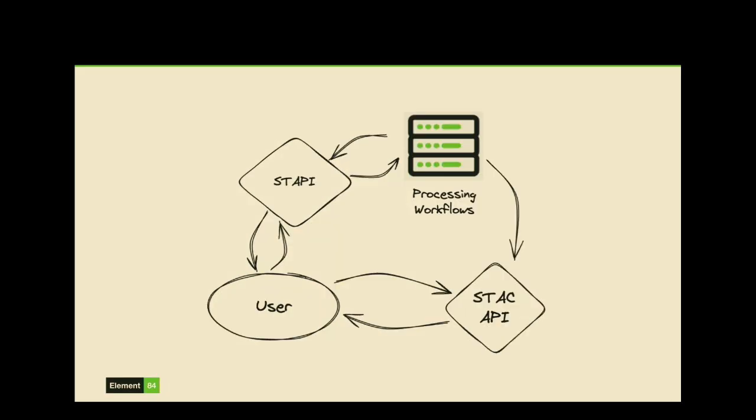But if we think about this in a more general fashion, we actually have a user, and they can go through STAPI, and I took out the satellite here because really there's something happening after this tasking API. It doesn't actually necessarily have to be from a satellite.